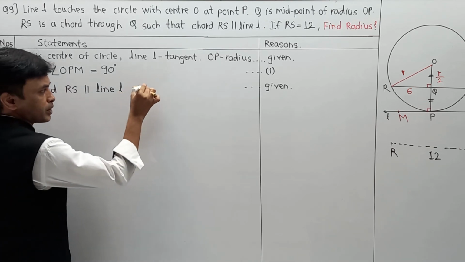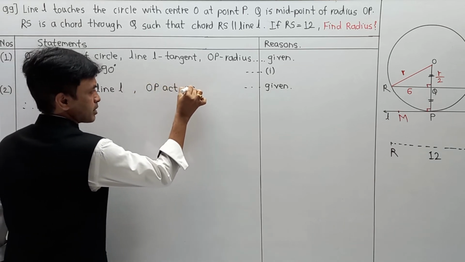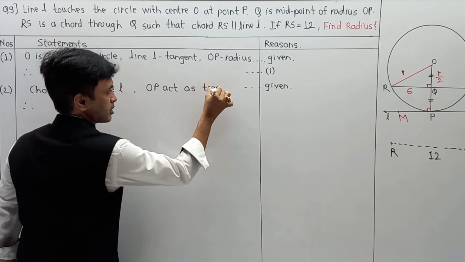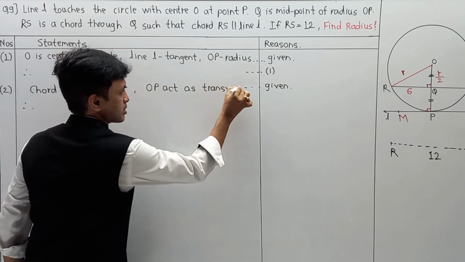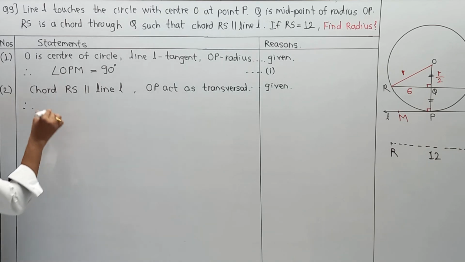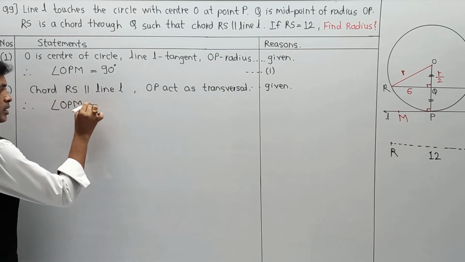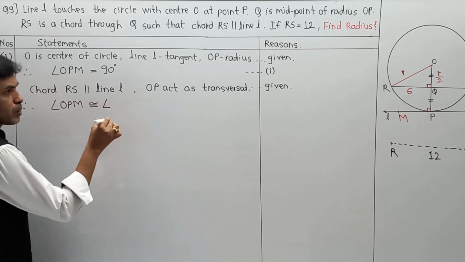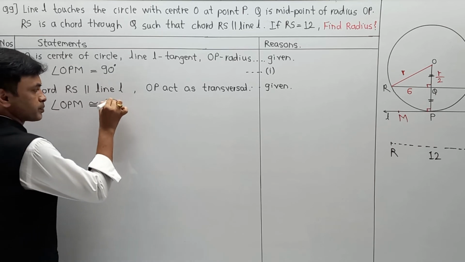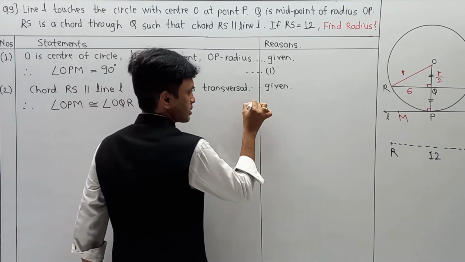I am going to write it over here. OP acts as transversal. Therefore, angle OPM is congruent to angle OQR. Reason, corresponding angles.